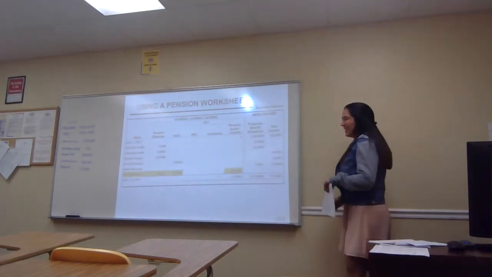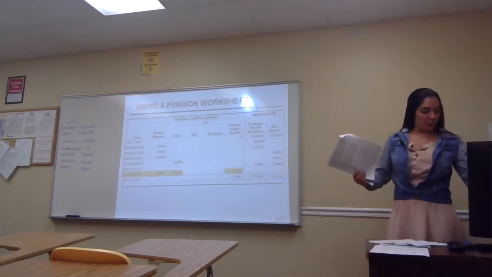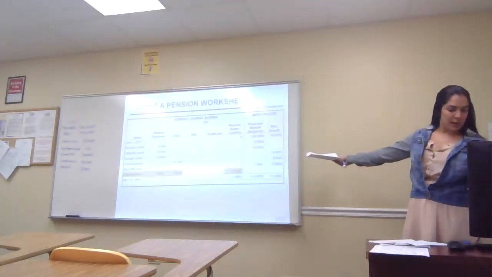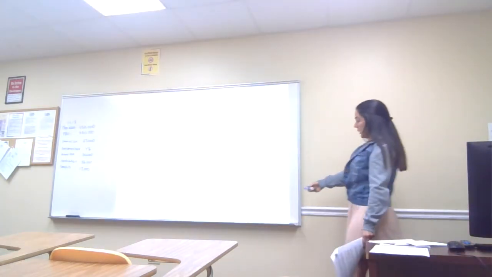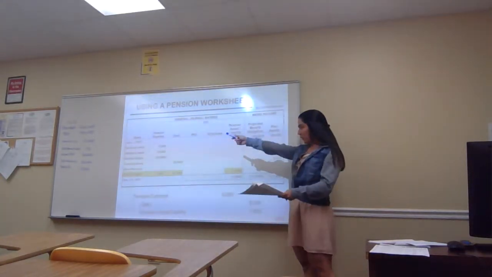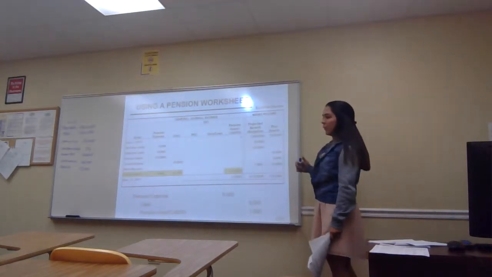So your journal entry, in this problem compared to the one we did here, we had a credit into our pension liability. In this problem we just did, we're going to do a debit to pension asset because we're overfunded.